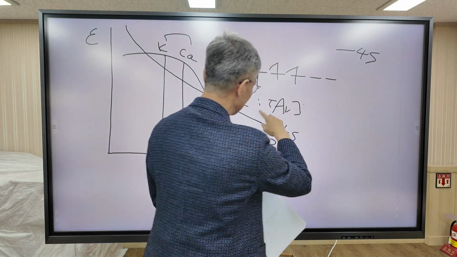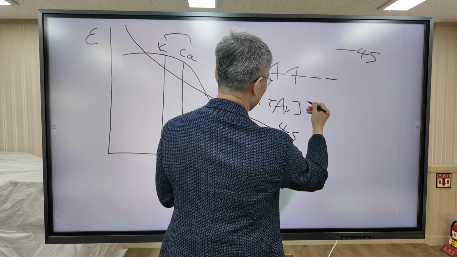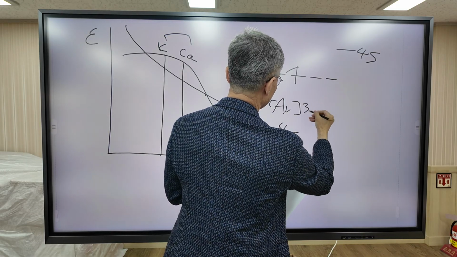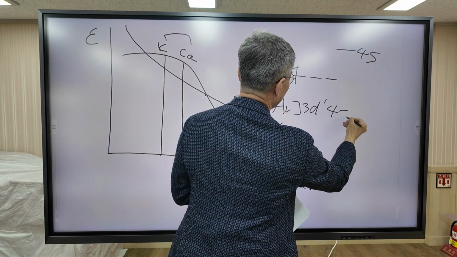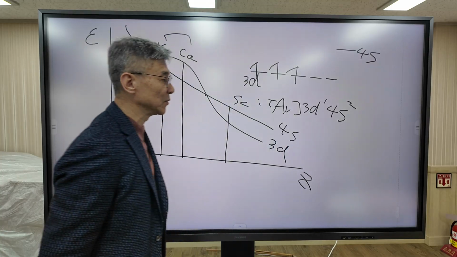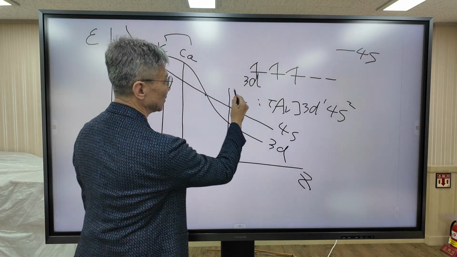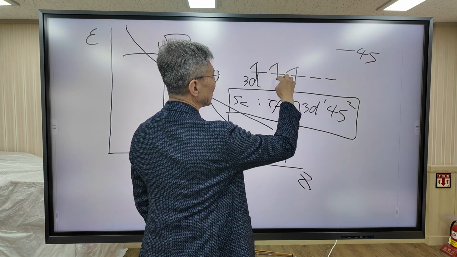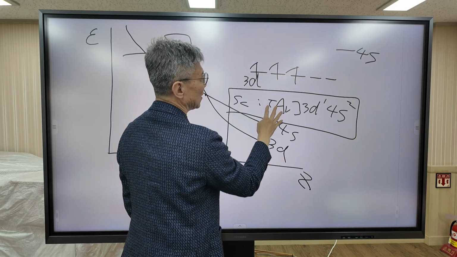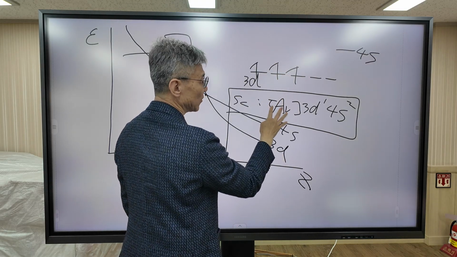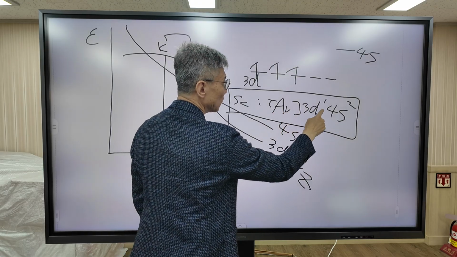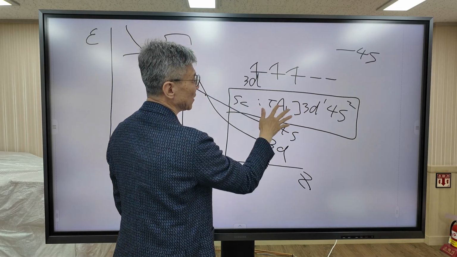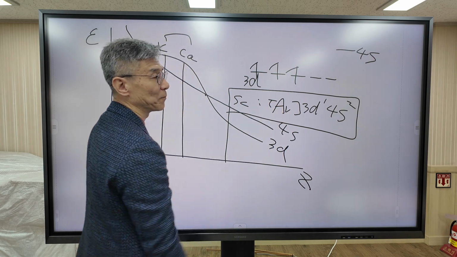The electronic configuration for scandium is 3d1 4s2. So this is the question. Even though the 3d orbital is lower than the 4s orbital, the electronic configuration is not 3d3, it is 3d1 4s2. How can you explain this electronic configuration?